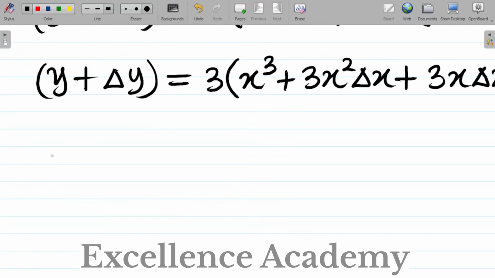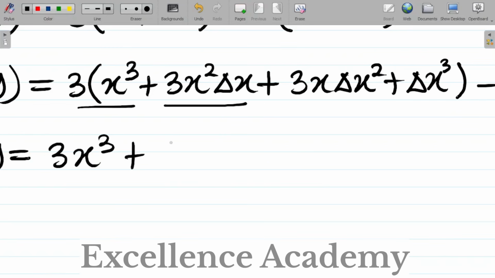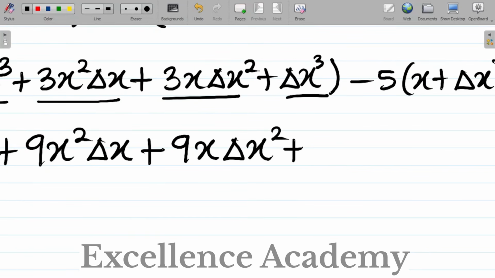If I expand this, this gives you y plus change in y, it's equal to, use 3 to multiply this. 3 times x cubed gives you 3x cubed plus 3 times x squared change in x gives you 9x squared change in x plus 3 times this, that's 3 times 3x change in x squared gives you 9x change in x squared plus 3 times this, which is 3 times change in x cubed gives you 3 change in x cubed.